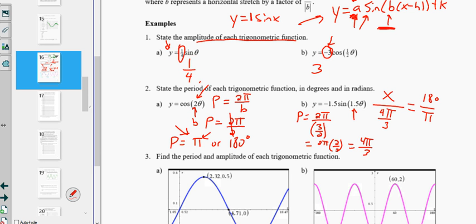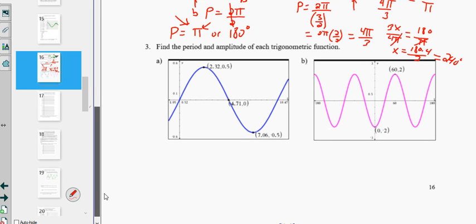I could rewrite that as 3x over 4 pi is equal to 180 degrees over pi. I can see that my pi's cancel. And x would be equal to 180 degrees times 4 divided by 3, which would be equal to 240 degrees. But if you had it on your unit circle, you could have just known that too. All right, almost done.